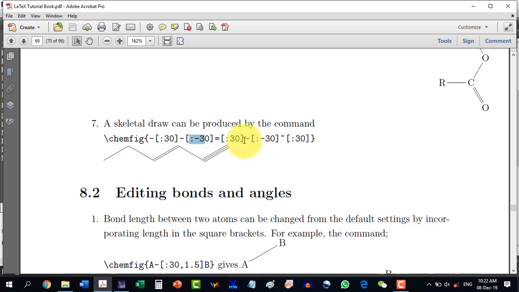Then there is a double bond at 30 degrees, and then single bond at minus 30, and then triple bond at 30. So this way we can extend the bonds or a skeletal network like this.